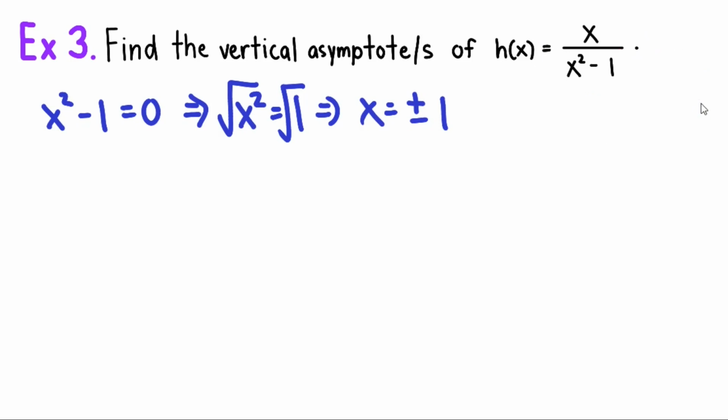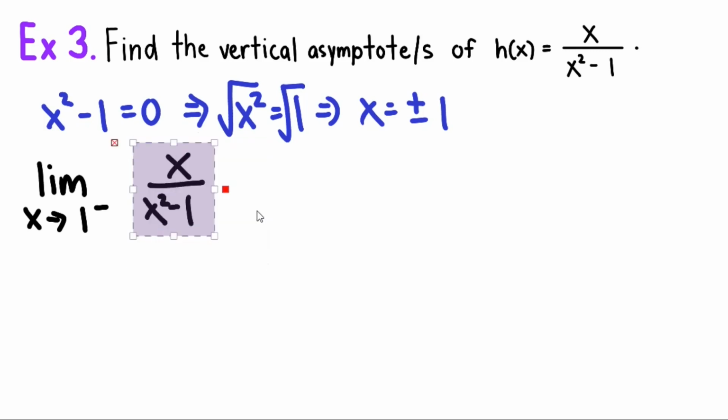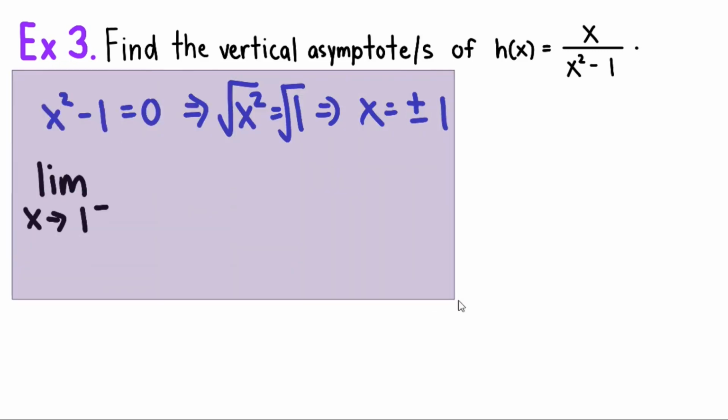So let's try to inspect the limit as x approaches, say, 1 first. We can choose either the left or the right, since it doesn't really matter. So let's check from the left of h of x.